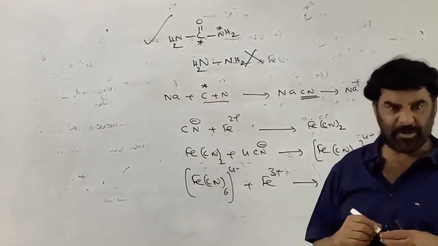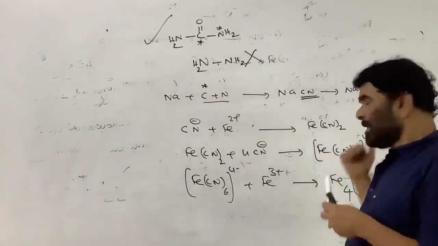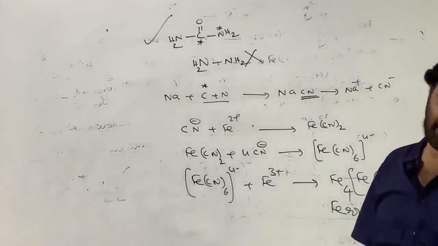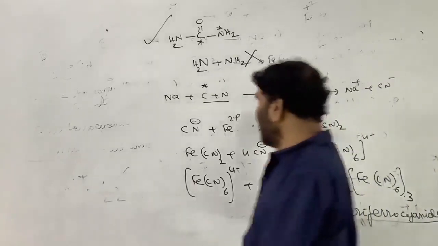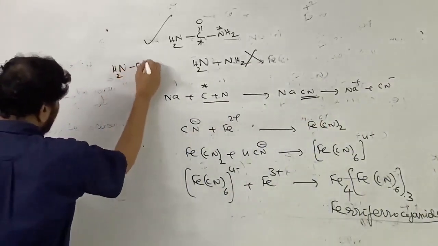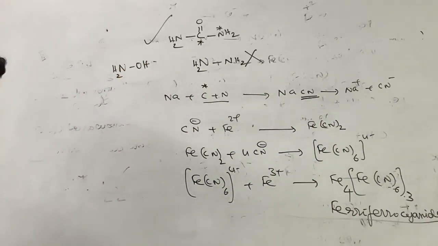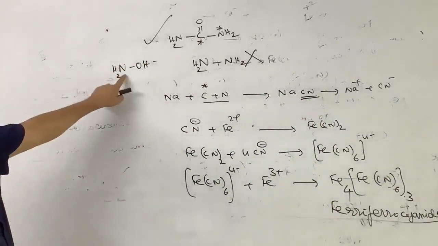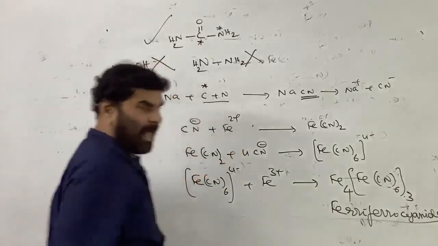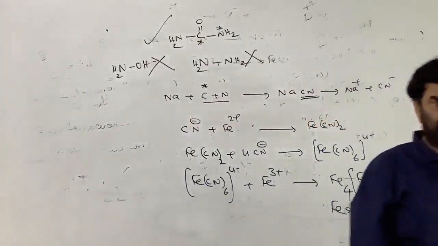Nitrogen has to convert into the cyanide ion, and to convert into the cyanide ion there must be a carbon. If you take hydroxylamine, it contains nitrogen but no carbon, so it does not give Lassaigne's test for nitrogen.